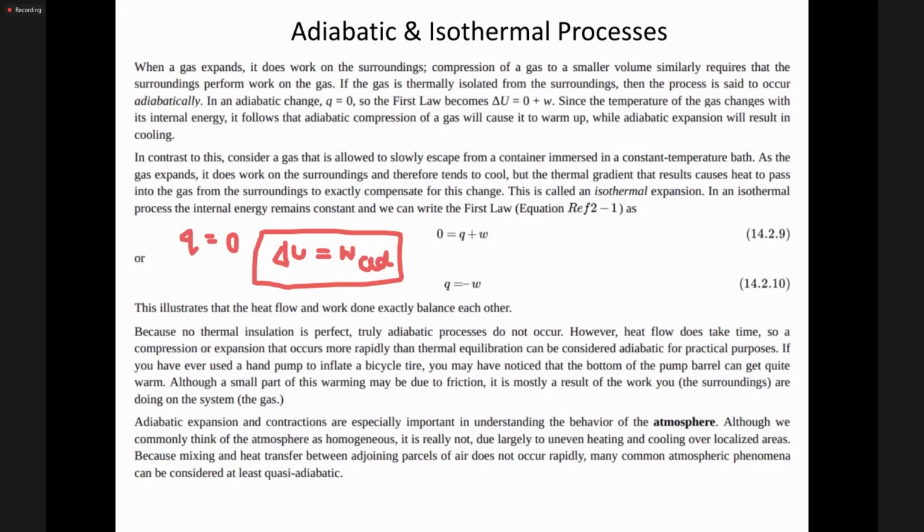So, why is it so? If the temperature of the gas is changing, it is also changing the internal energy. So the internal energy of the gas is increased.